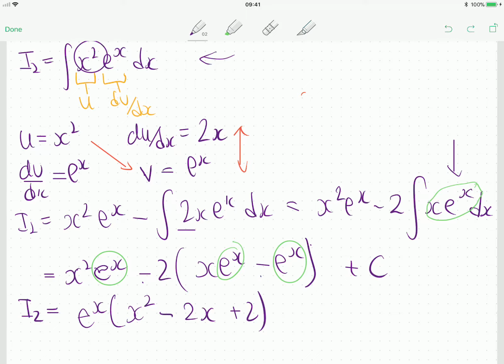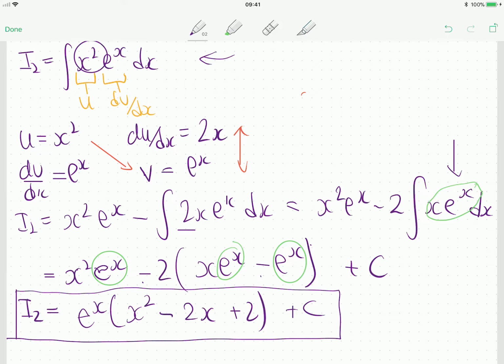And if we add c, then we get our final answer, which looks like this. So there you go. I2, the second integral, a little bit harder. You could either use parts twice or rely on part A. And part A was just a simple application of the parts formula where one of the factors was x. So there you go.